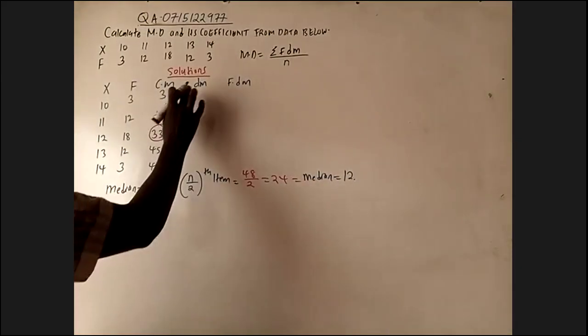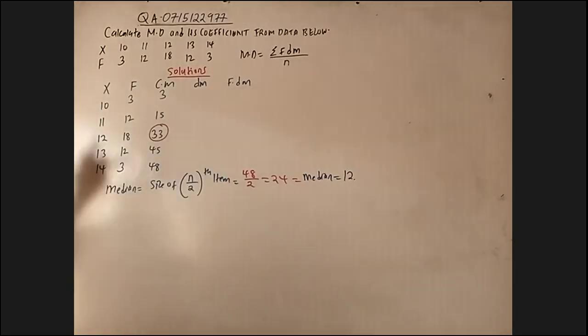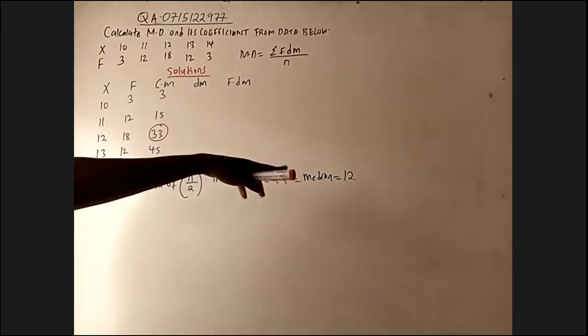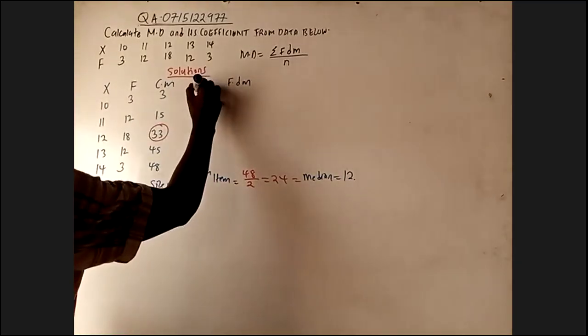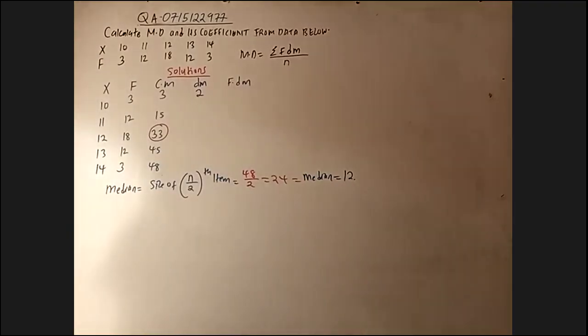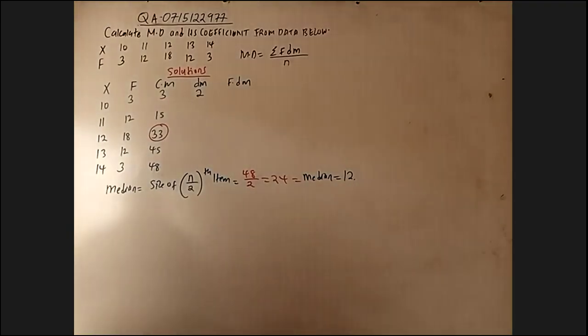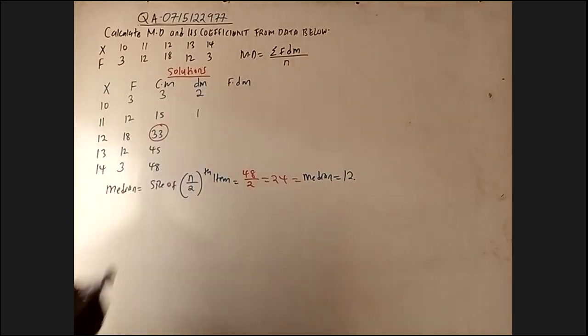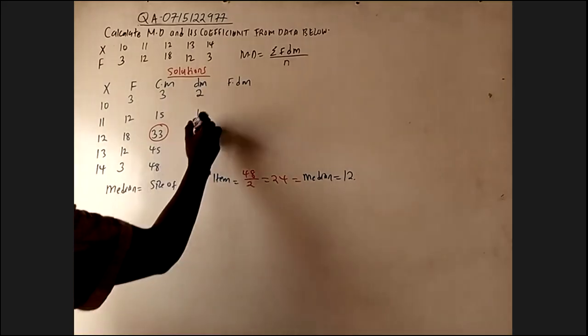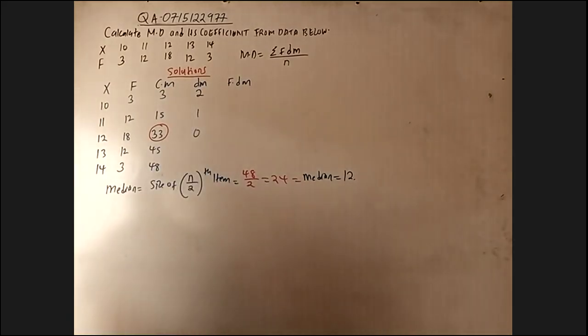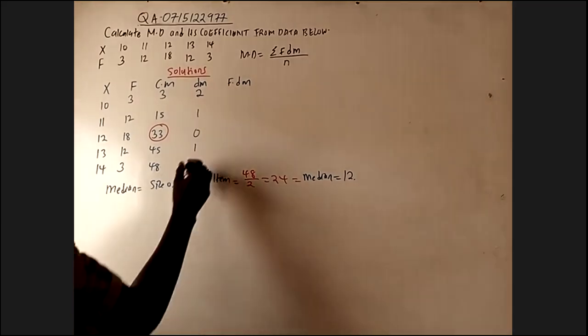Now we need to find DM. It will be X minus our median. So 10 minus 12 is minus 2, we ignore the sign. 11 minus 12 is minus 1, we ignore, put 1. 12 minus 12, 0. 13 minus 12, 1. 14 minus 12, 2.